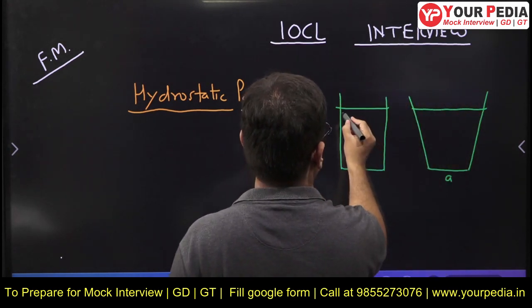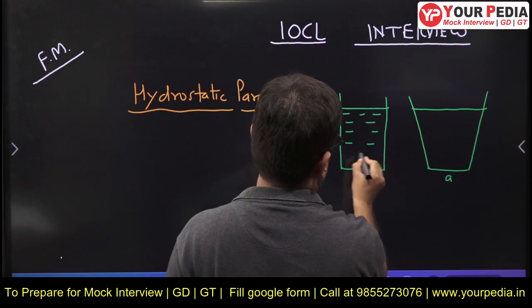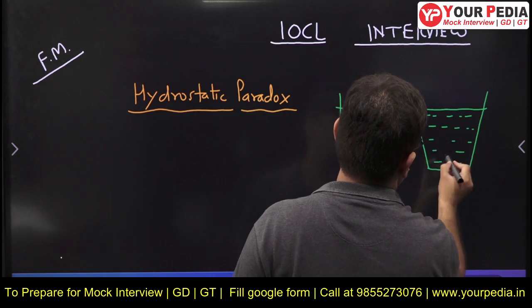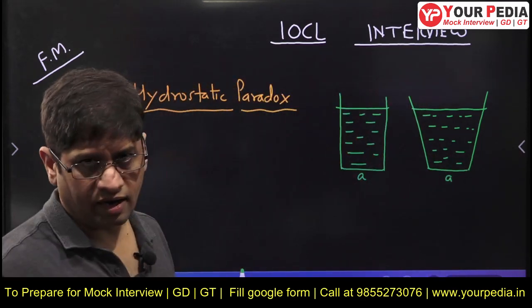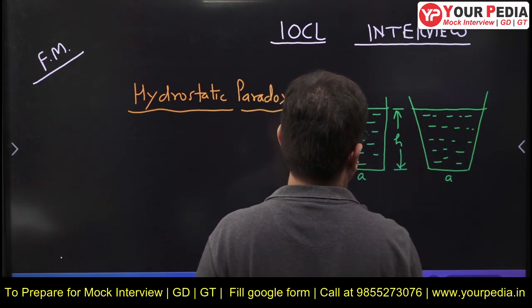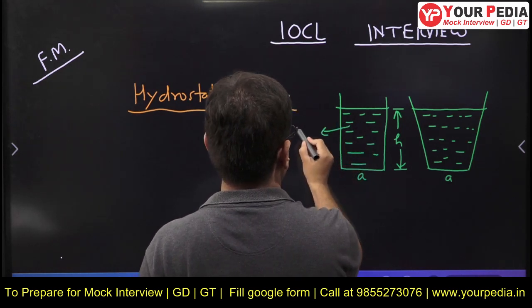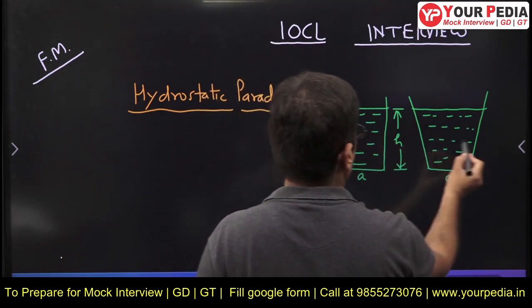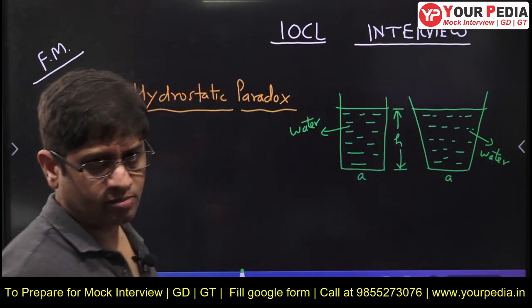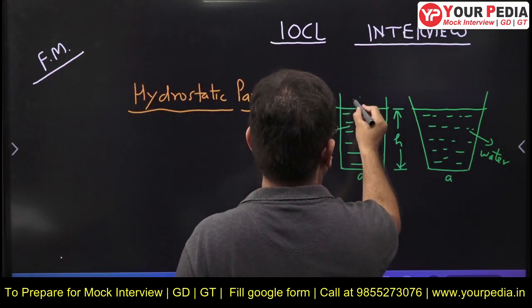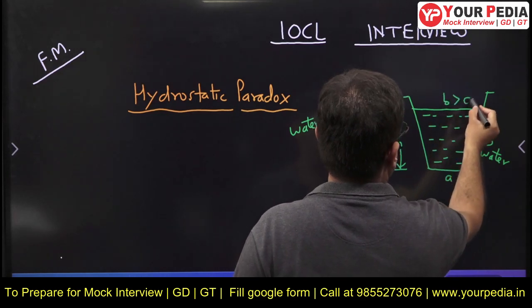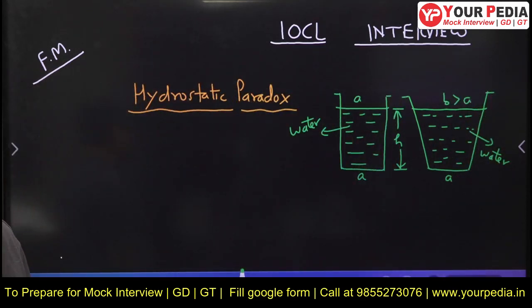Each container has liquid, let us say water, and the height up to which the water is contained is the same. Area of cross section at the bottom is the same, and at the top it is also the same in one, but in the other the cross section at the top will not be equal to A, it will be more than A.